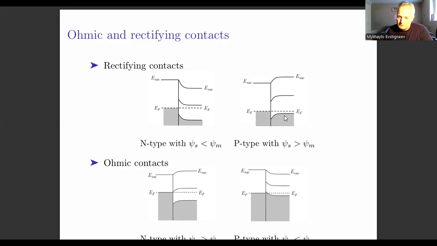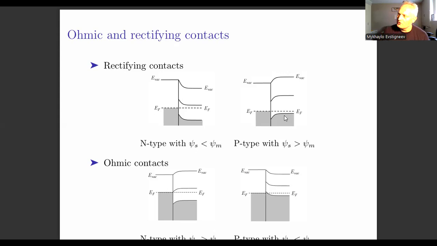So I am attracting the positively charged quasi-particles, holes, from the semiconductor side toward the metal. And now you have two armies. An army of electrons running from metal to the semiconductor, and an army of holes running from the semiconductor toward the metal. And they meet at the interface, and they mutually annihilate. They recombine.